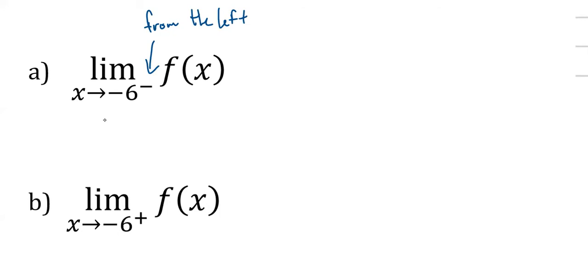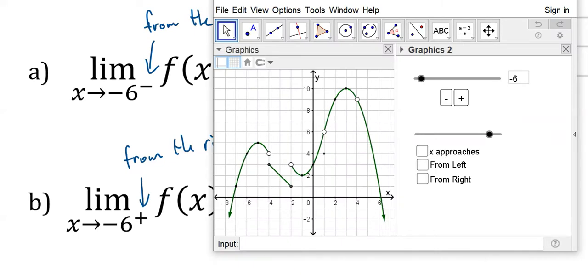And this plus sign here means from the right. So this one is saying the limit as x approaches -6 from the left of f at x, what does it equal?